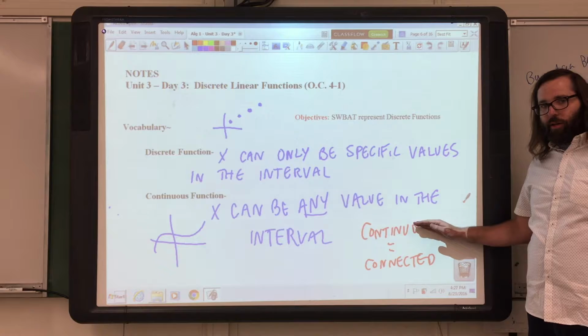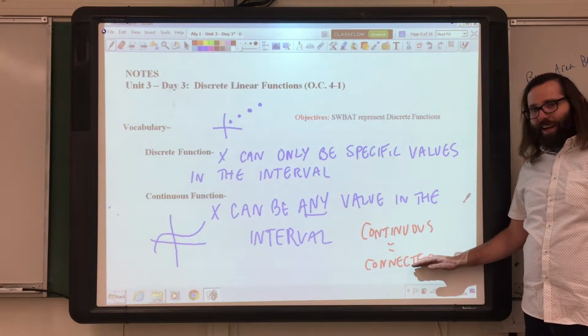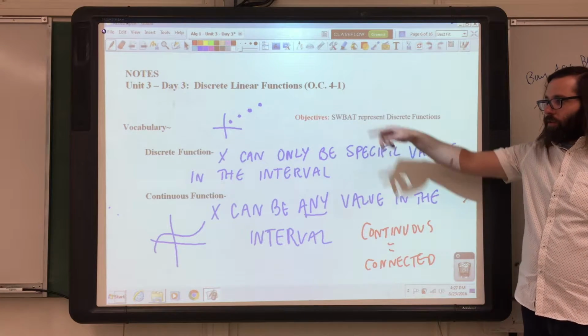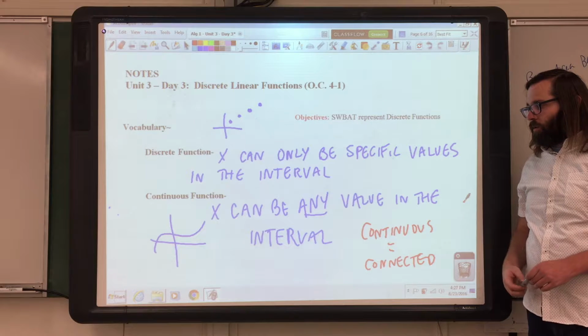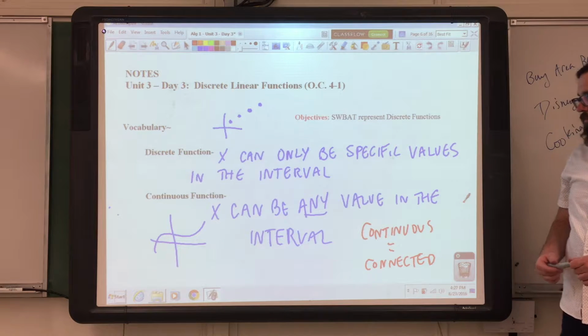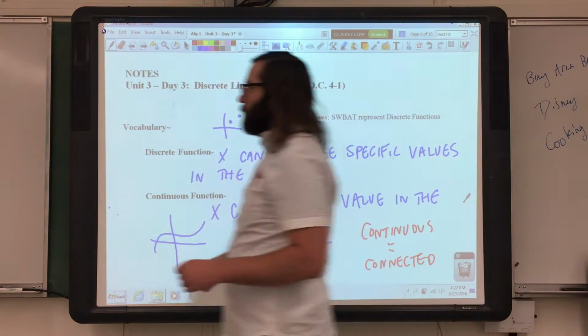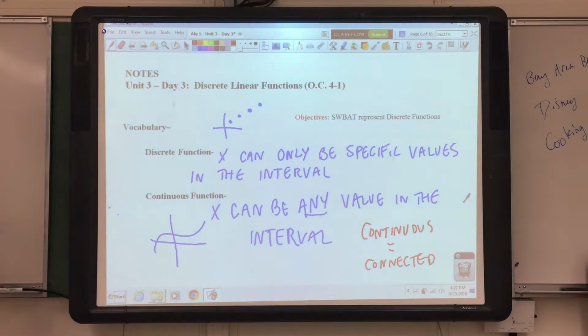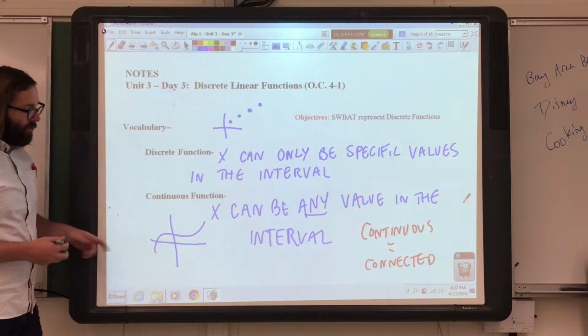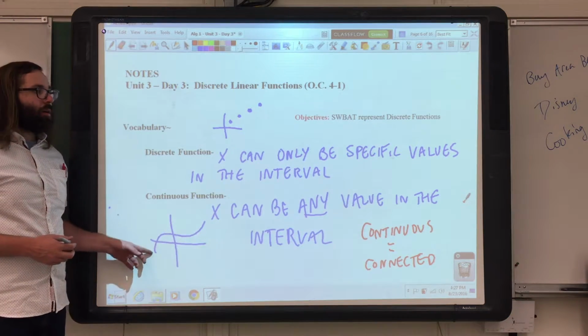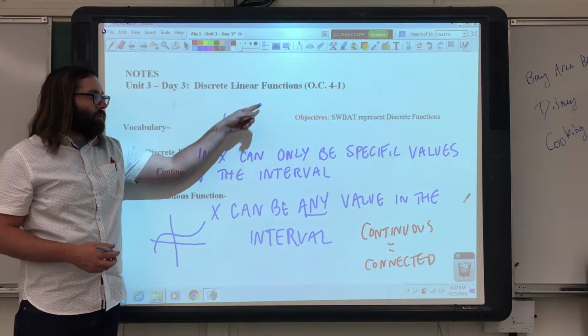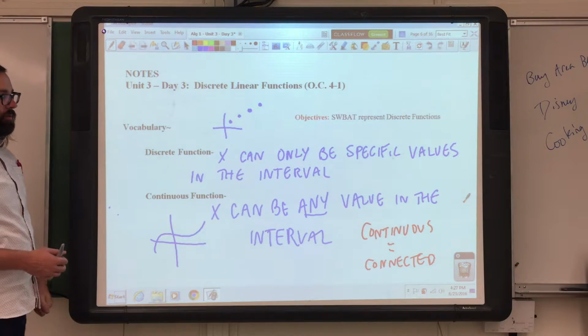Continuous functions are connected. Discrete functions, not so much. Continuous functions are connected. Discrete functions are just specific values.